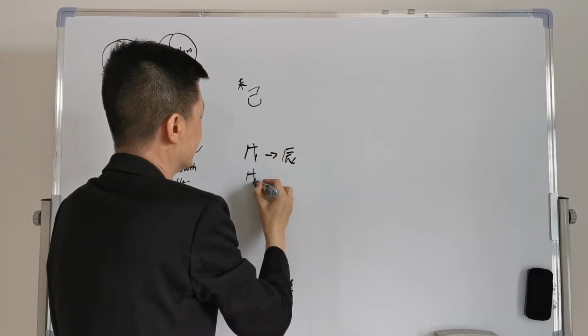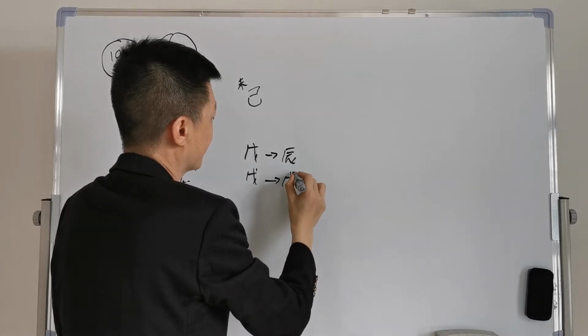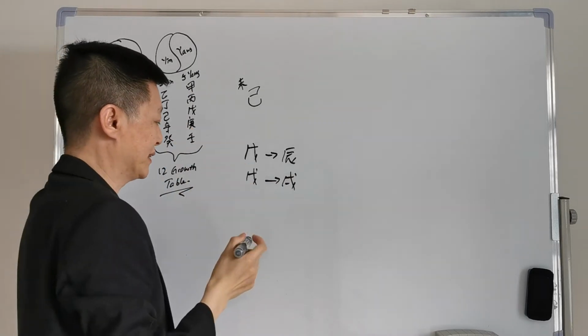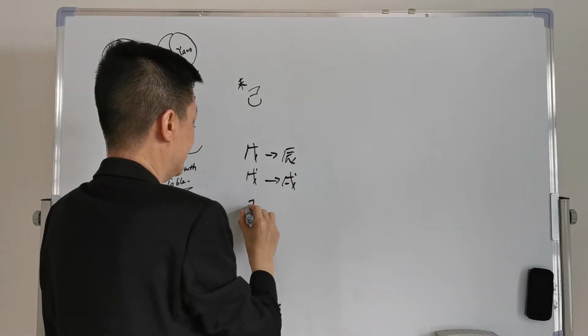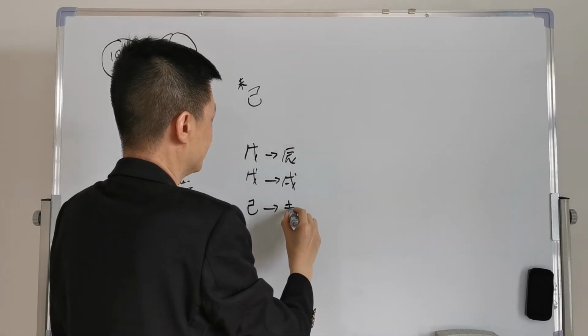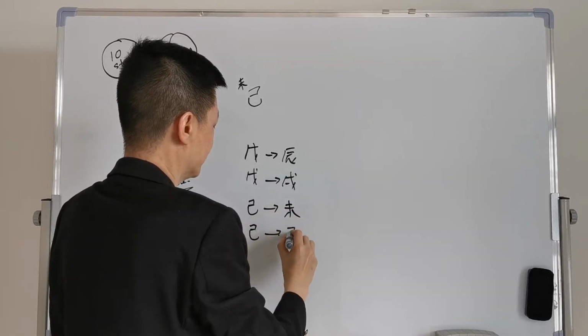You have the Wu day master that falls under the dog. Then you have the Ji day master that falls under the goat, and you have the Ji day master that falls under the ox.